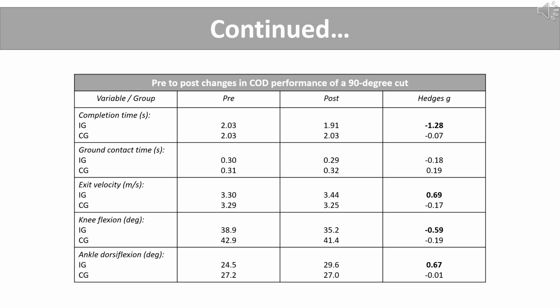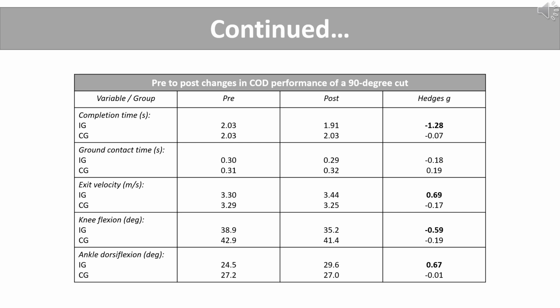Knee flexion, once again, we get an improvement in knee flexion, and by improvement, I mean we get less knee flexion, which probably contributes to greater exit velocity and ultimately completing the task faster.